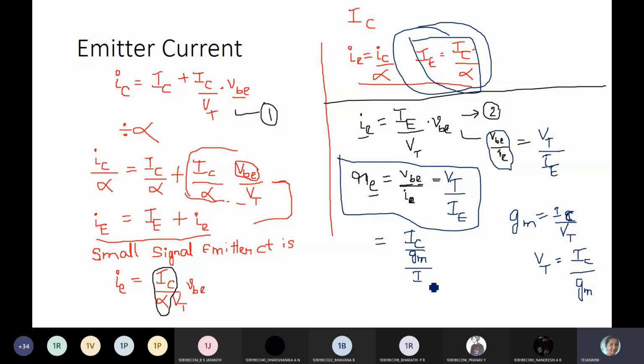After simplification, IC gets cancelled and it is written as alpha by gm. Very good. So RE has two formulas: VT by IE, or alpha by gm.